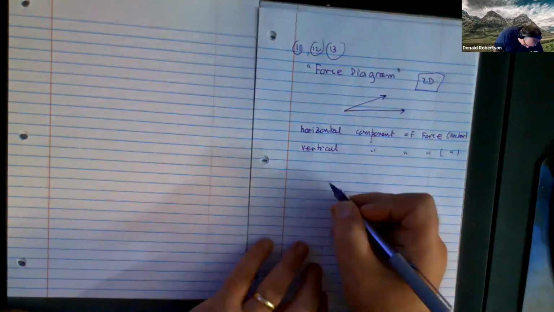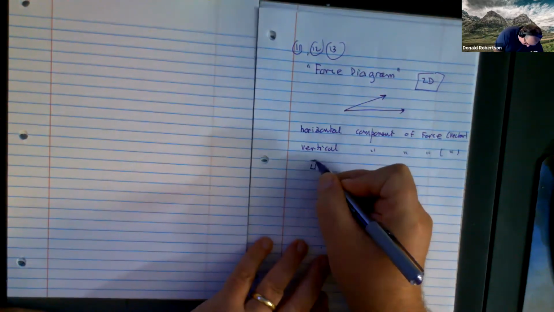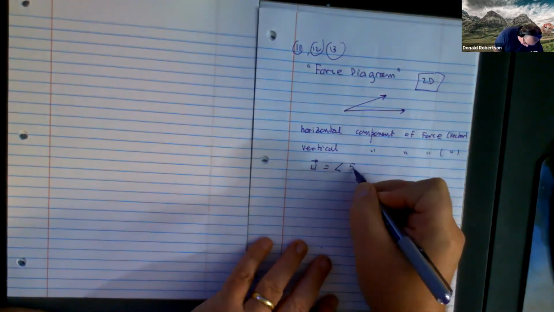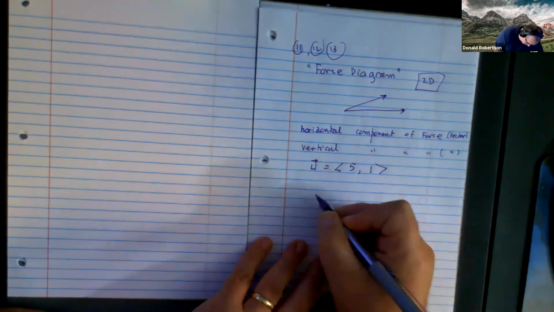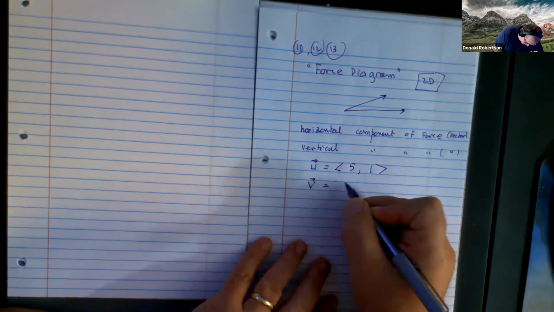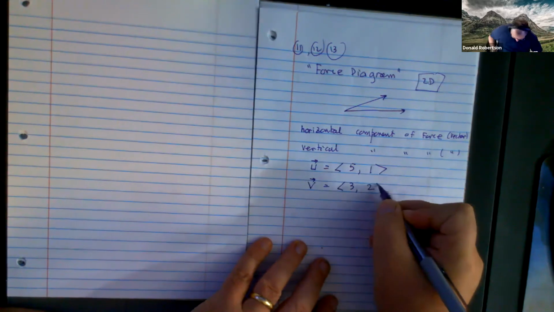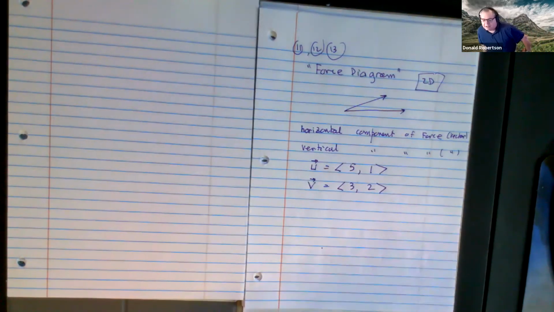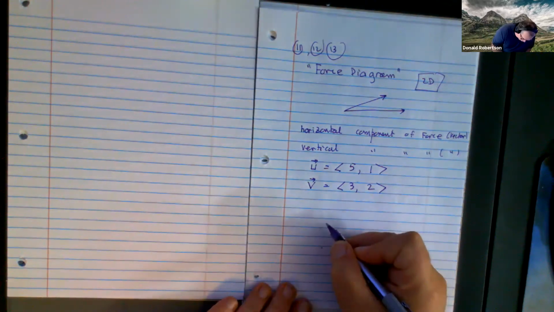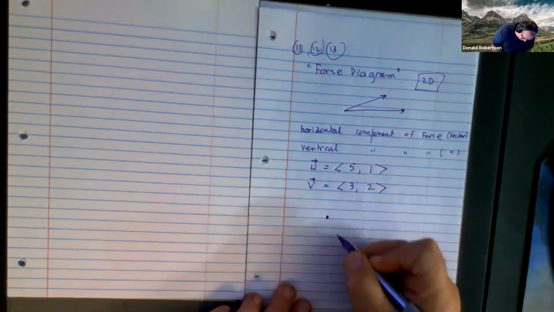Right. So suppose I have a vector u and it's (5, 1), and I have another vector v and it's (3, 2), right? And we imagine these 2 vectors. Oh, let's do a story with a boat. They like boats.